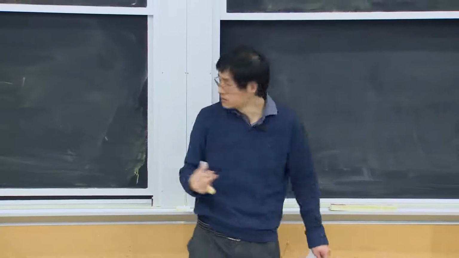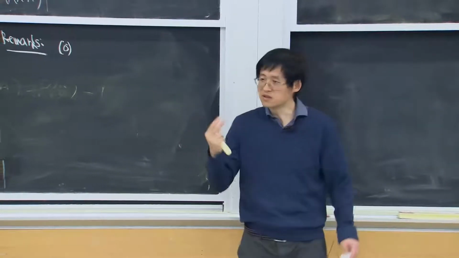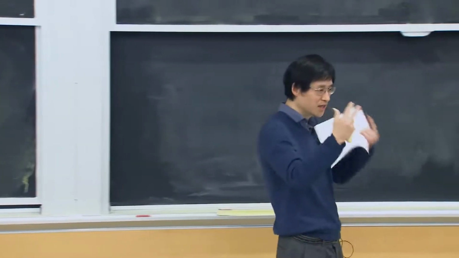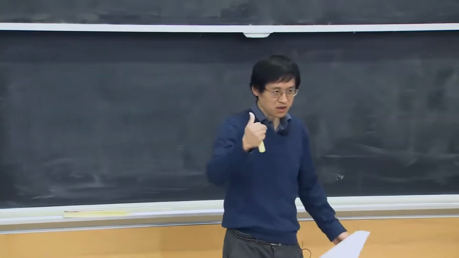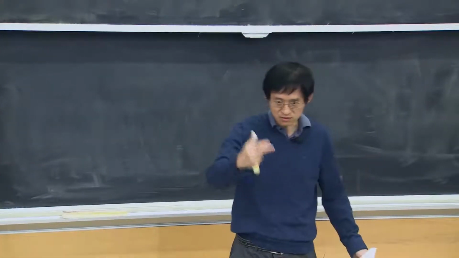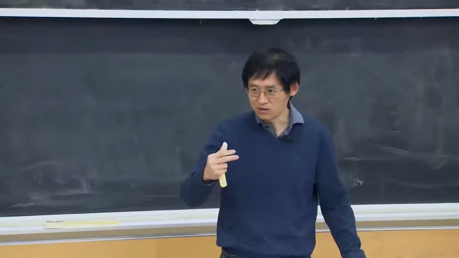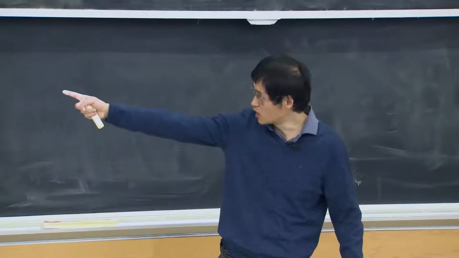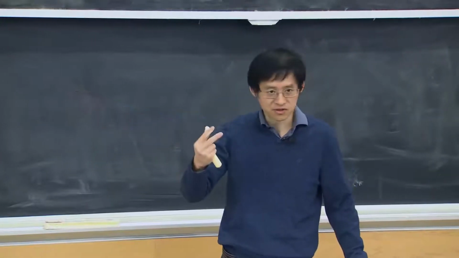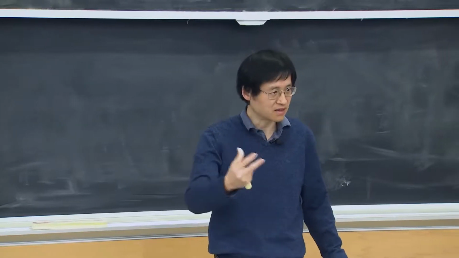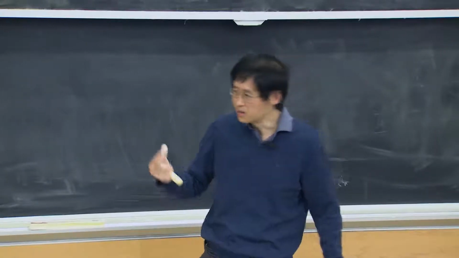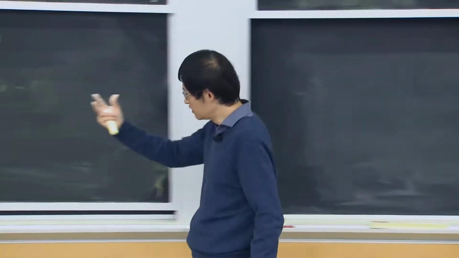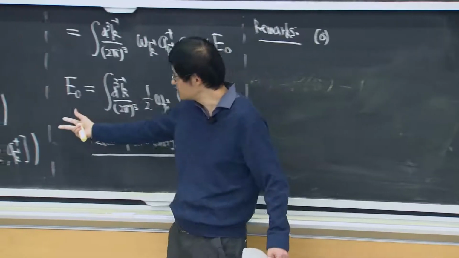Yeah, exactly. You have done in your P set the time translation. So this system is time translation symmetric, which means that H is a conserved quantity. And so then indeed you see that this is independent of time.